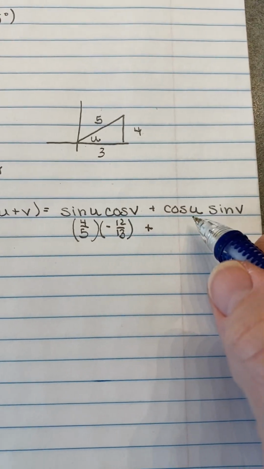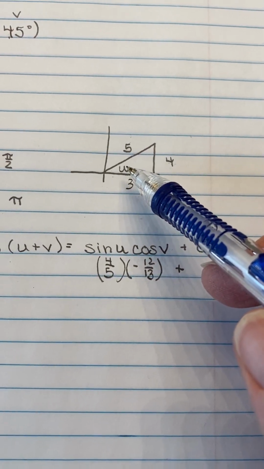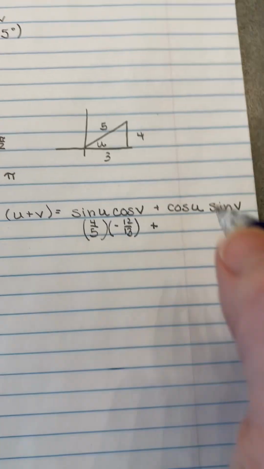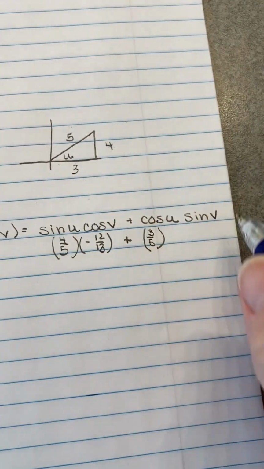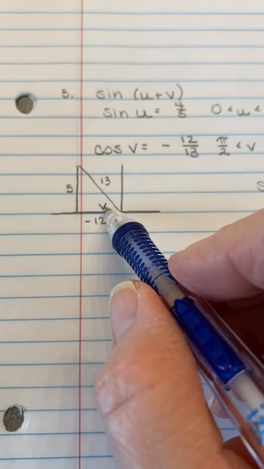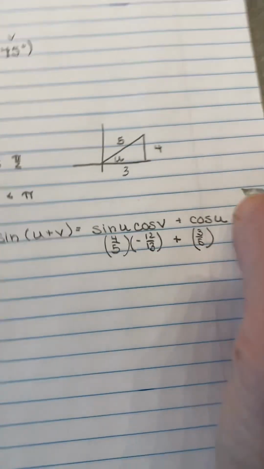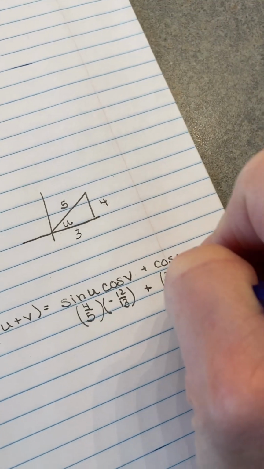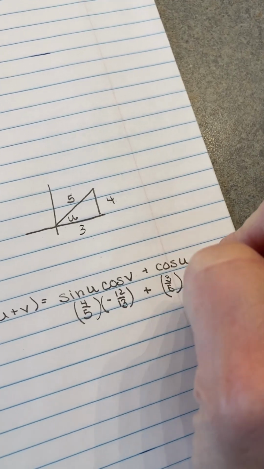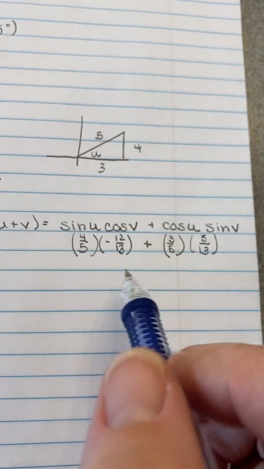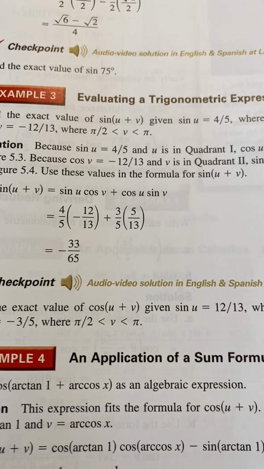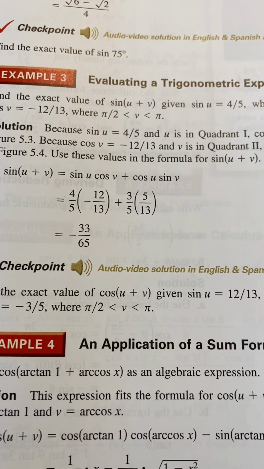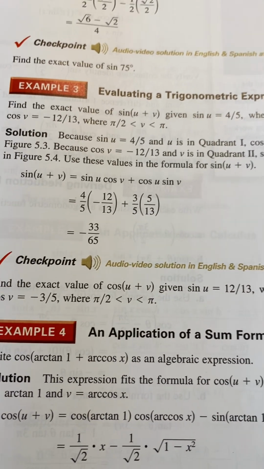Plus, now the cos of u, so here's u, the cos is the adjacent over the hypotenuse, 3/5, multiplied by the sine of v, which is opposite over hypotenuse, or 5/13, and then you can just do your arithmetic here. I will let you just look at what they've done here, and they've simplified, and your final answer would be -33/65, and you would be done.